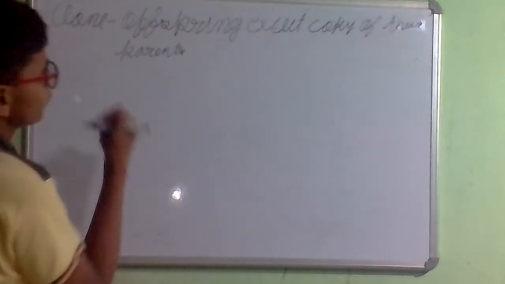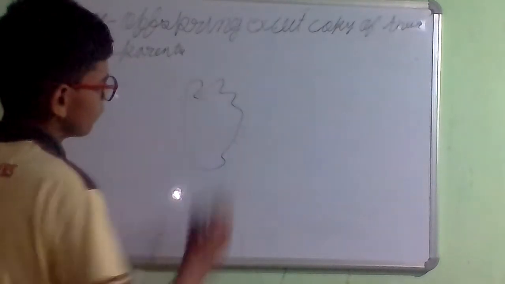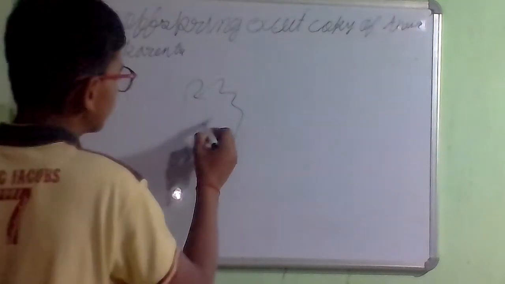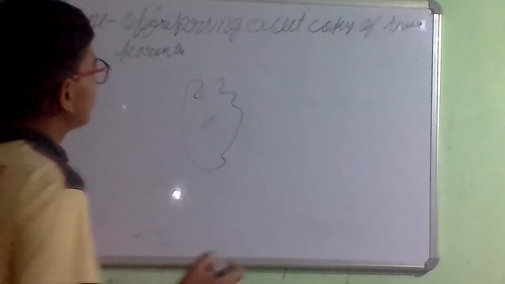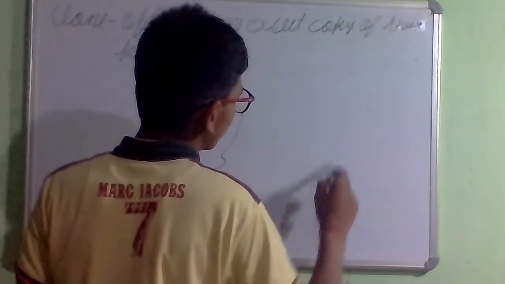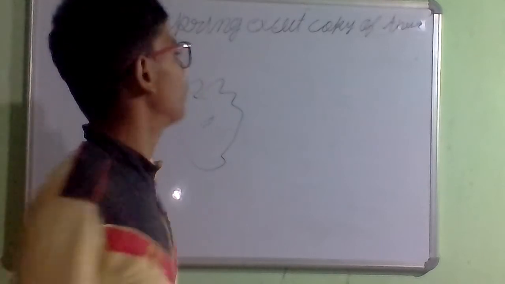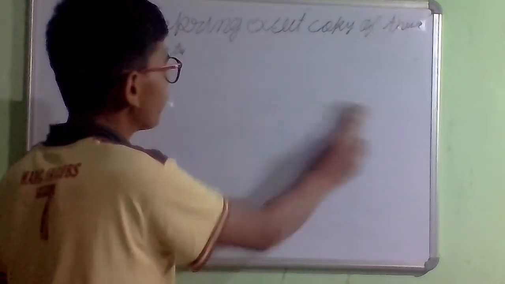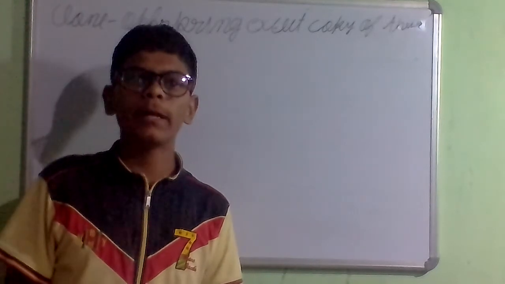The shape of amoeba is not fixed; it is like this. This will divide asexually, then the offspring will be exactly like it. Exact means the same; we cannot differentiate it from the parent.